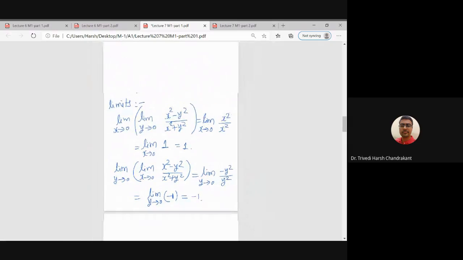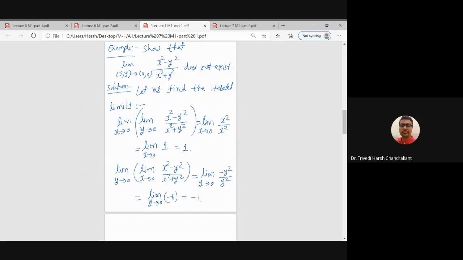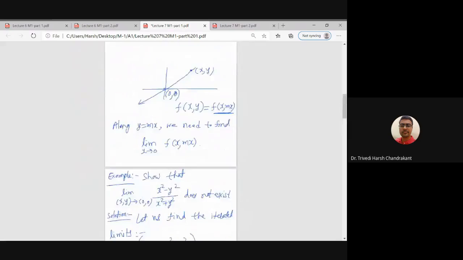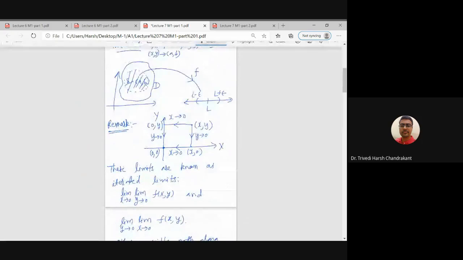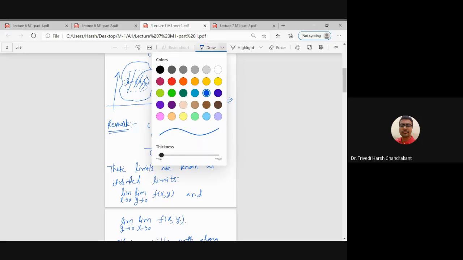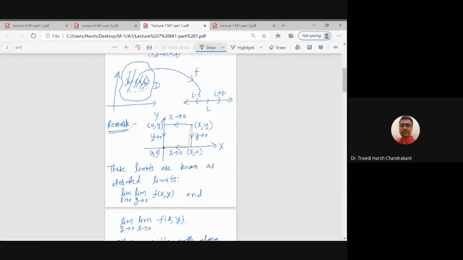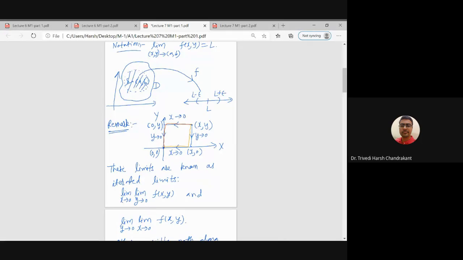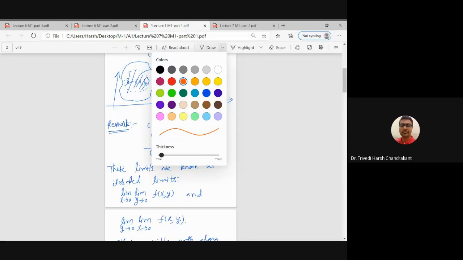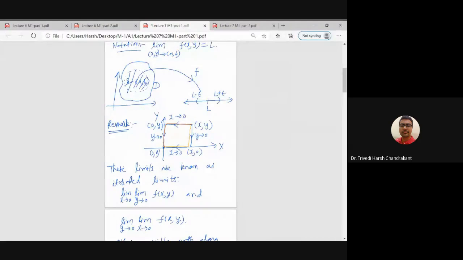So we can see that in this particular example, one iterated limit is 1, the other iterated limit is minus 1. So essentially what we have proved in the diagram is that if we approach along this curve, and if we approach xy to the origin along the second curve, the limit along these two curves is different, right?